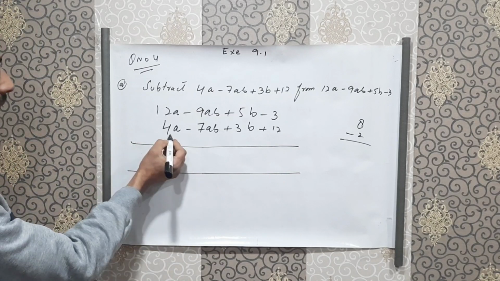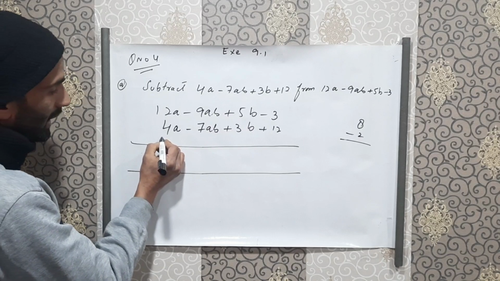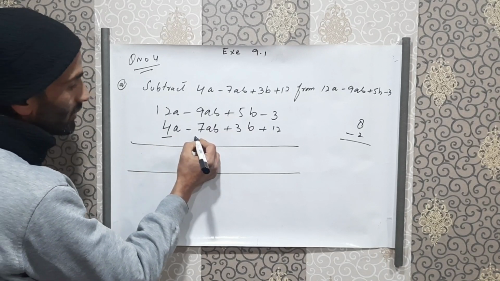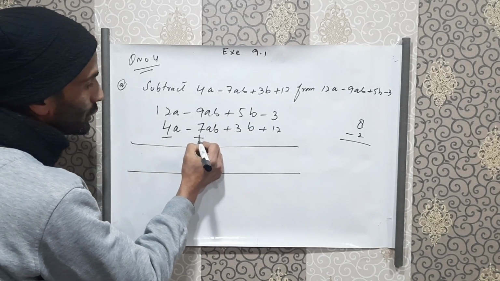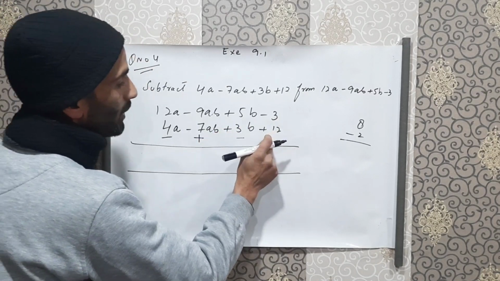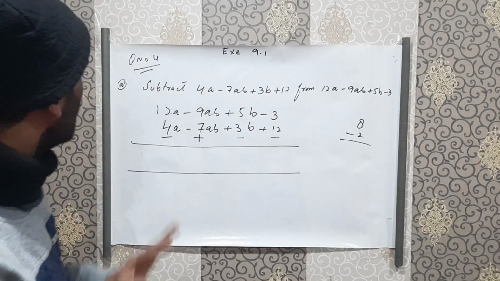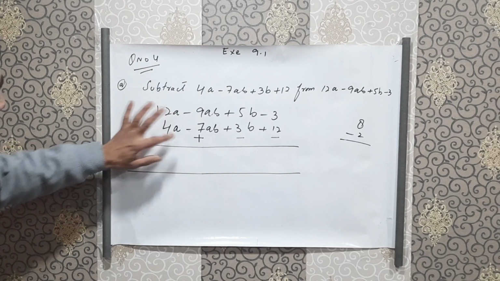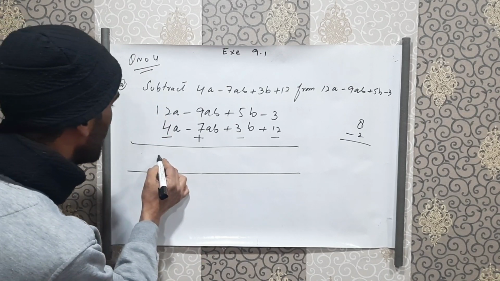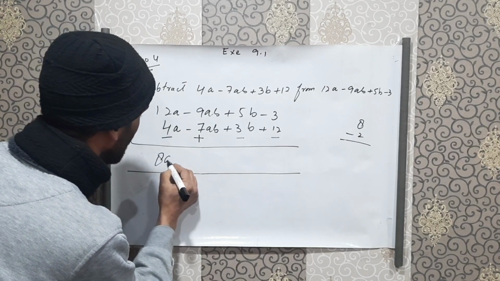So when we multiply this one by the negative sign, this will become negative. This is positive, this one will become negative. This one is negative, this one will become positive. This one is positive, this one will become negative. This one is positive, this one will become negative. Clear? And now you can see 12A minus 4A, that is 12 minus 4, that is 8. And the variable is A, so 8A.